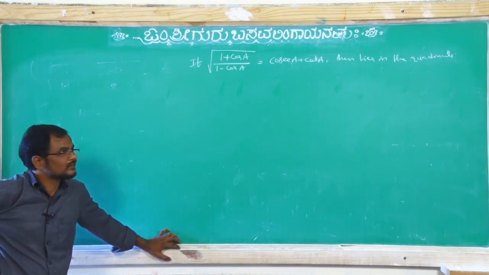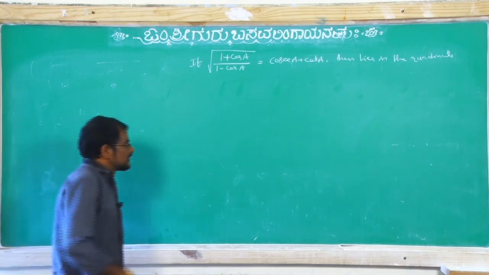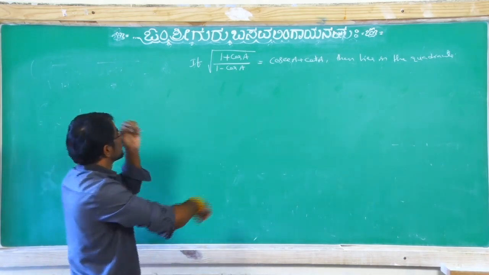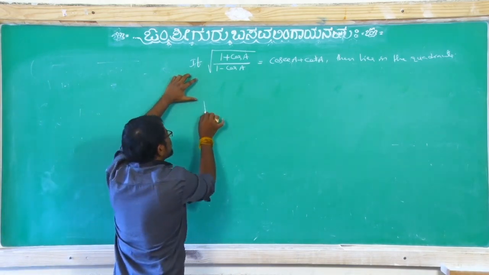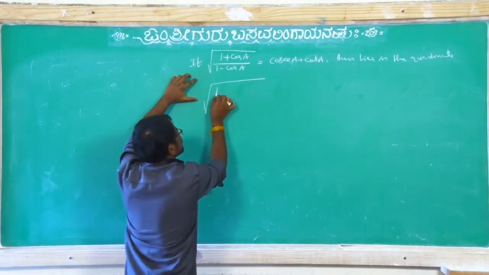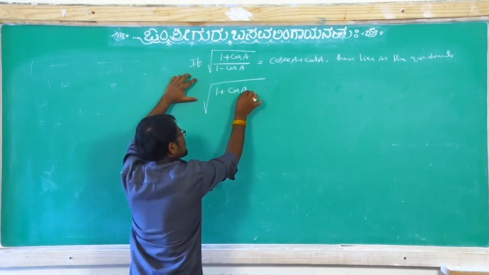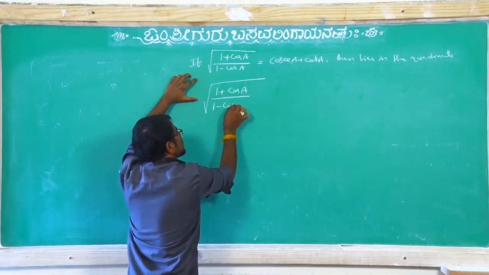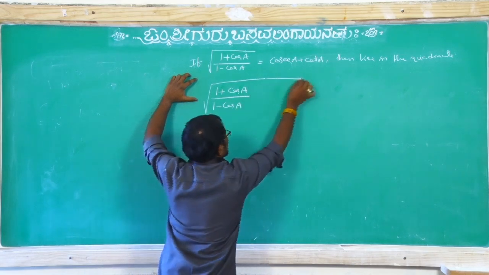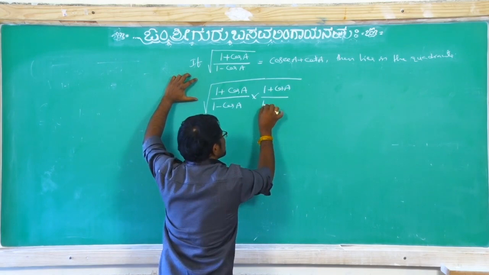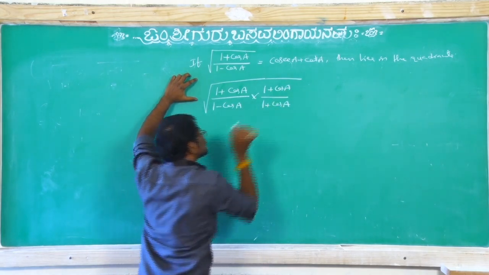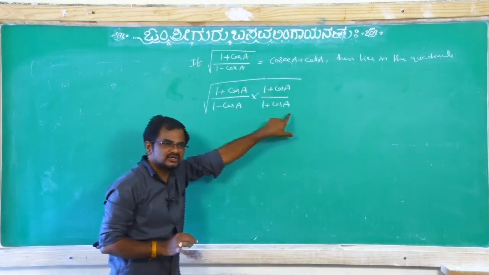Listen here. I will do this problem once again. What we have to do first? First we have to simplify root of (1 plus cos A) by (1 minus cos A). Under root, multiply and divide by 1 plus cos A, to get (A plus B) into (A minus B) here.